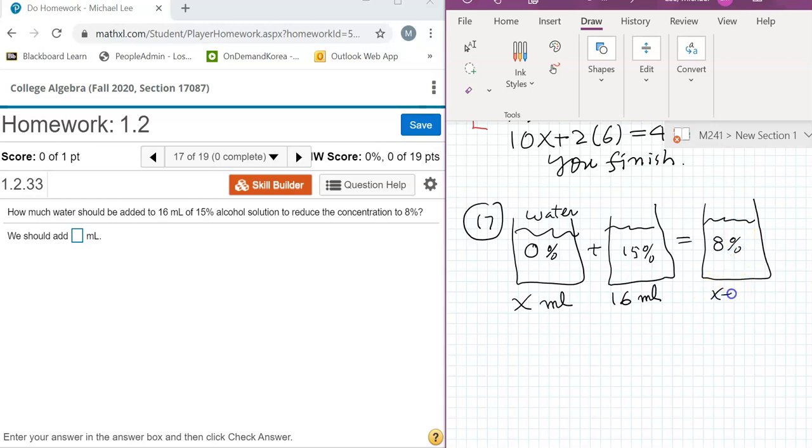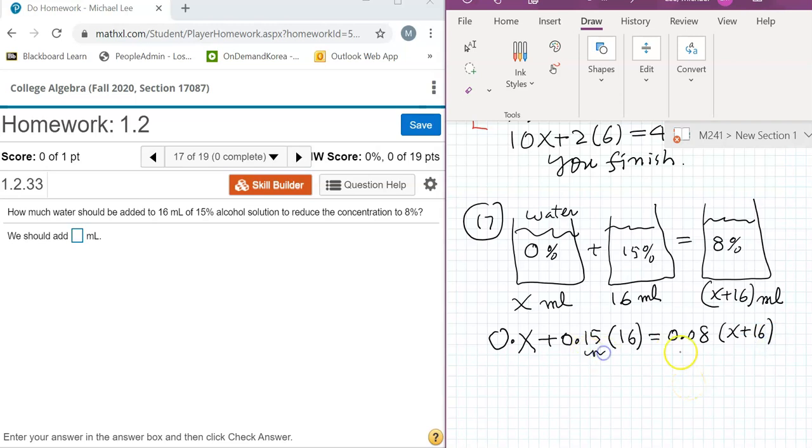So this is X plus 16 milliliters. Now, 0% means 0 times X plus 15% is 0.15 times 16 equal to 8% means 0.08 times X plus 16.